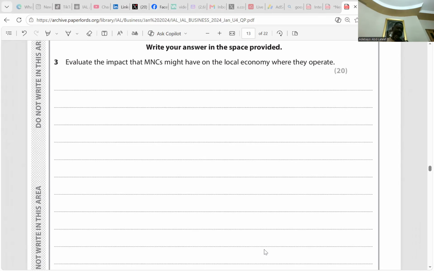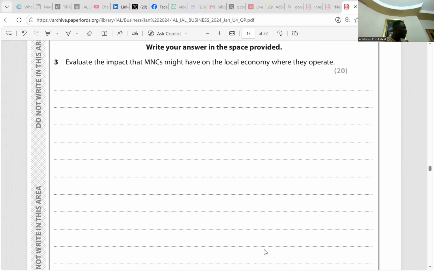MNCs repatriate profit, which means they may as well not improve the local infrastructure.